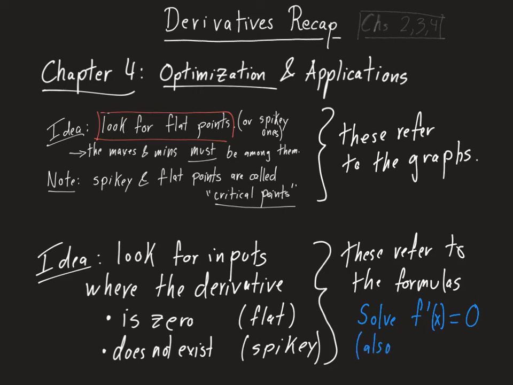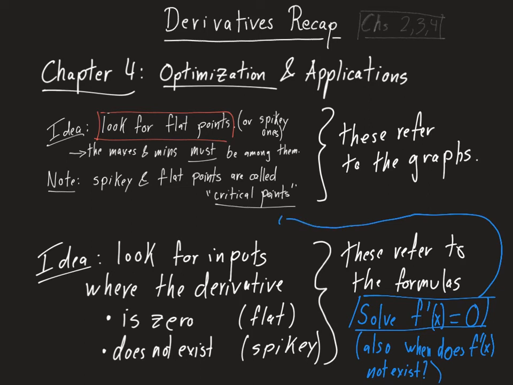And also, when does f prime of x not exist? If that's relevant, you need to do that too. But for the most part, the goal of optimization problems is to find critical points by solving f prime of x is equal to 0.